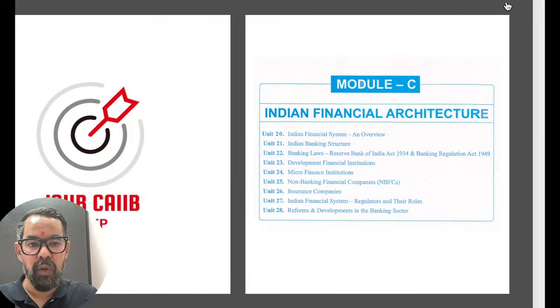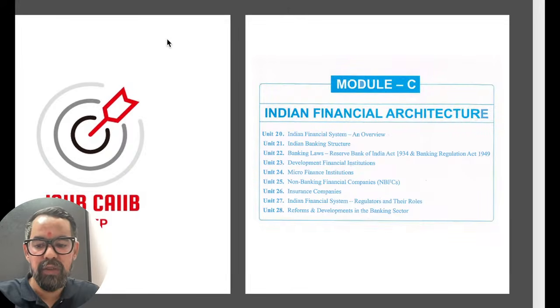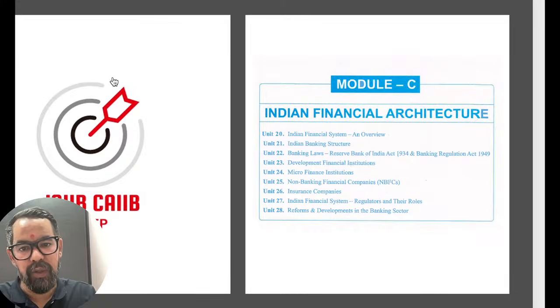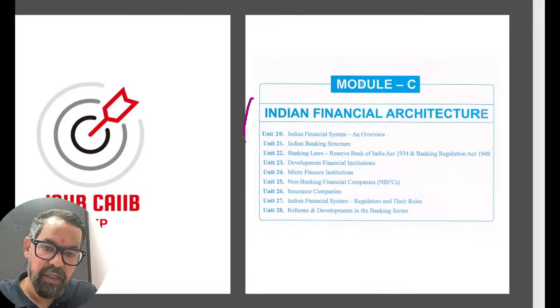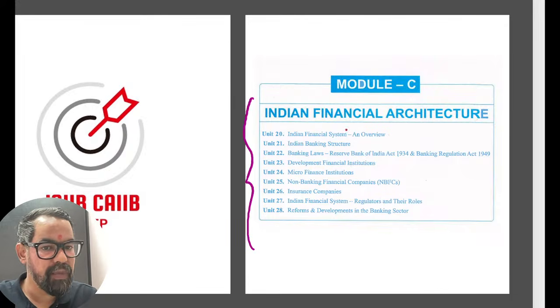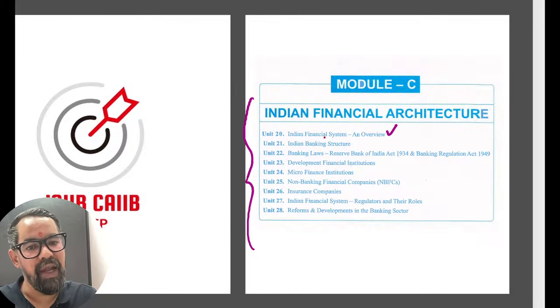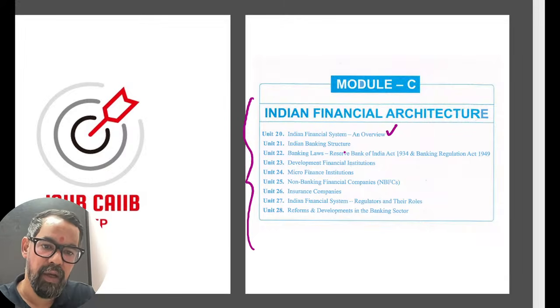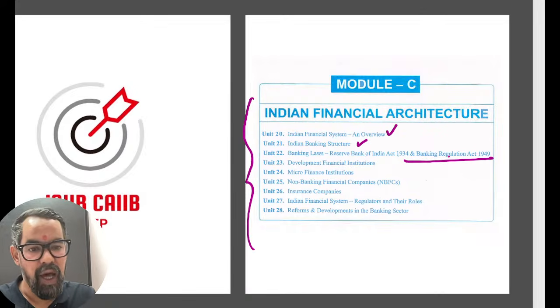So today's discussion is all about Module C, which is driven through the concept part. These are the units which are generally part of your Module C: Indian banking, Indian financial system and overview, which is basically a kind of introduction to the entire module. Then we have the Indian banking structure, two laws related to banking, BR Act and RBI Act.